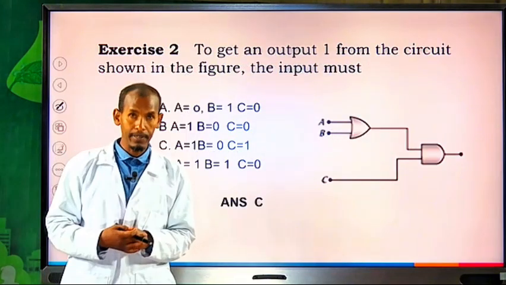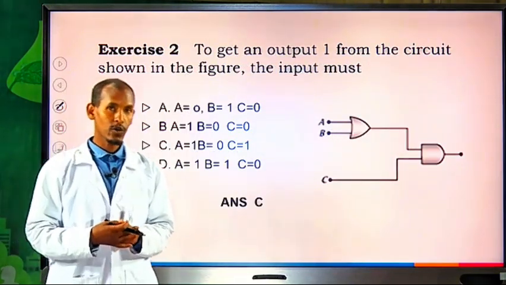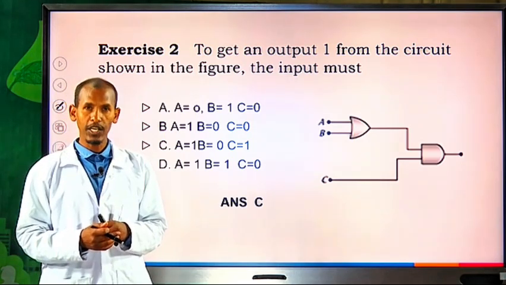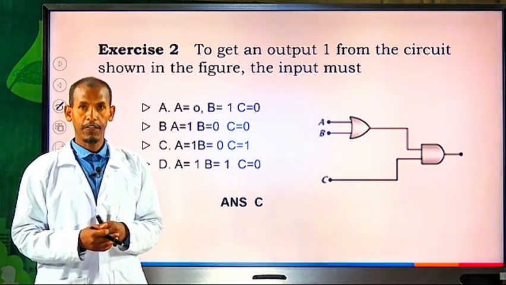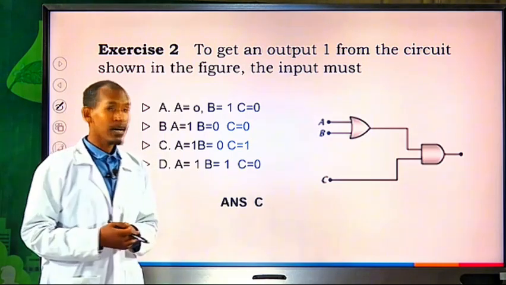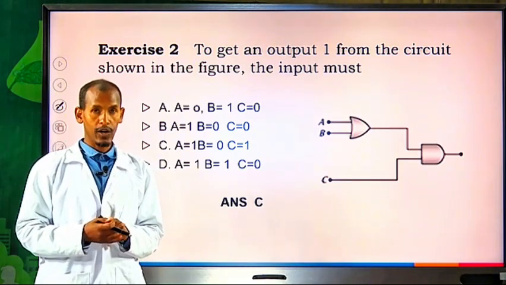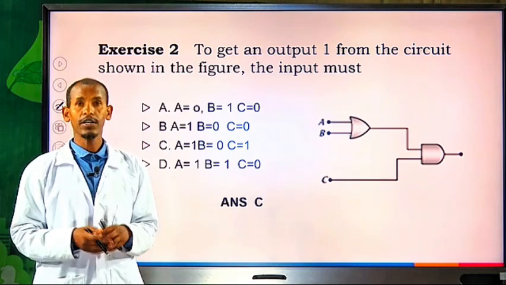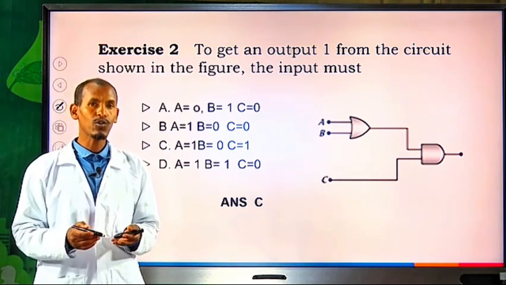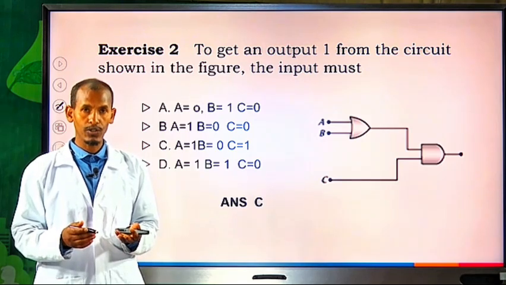And the second exercise: to get an output 1 from the circuit shown in the figure, the input must be A, A equals 0, B equals 1, C equals 0. B, A equals 1, B equals 0, C also equals 0.